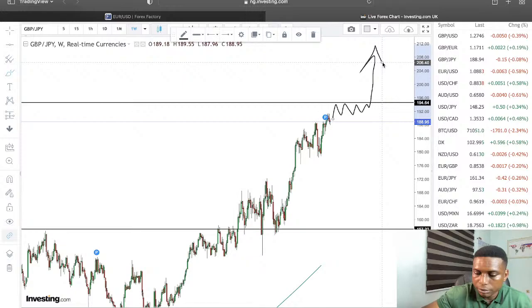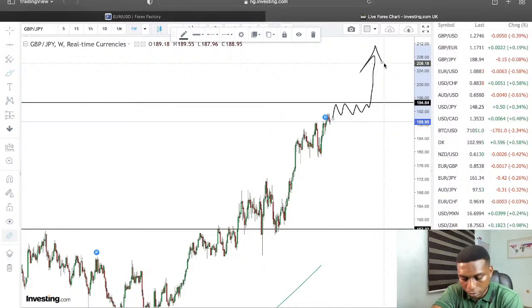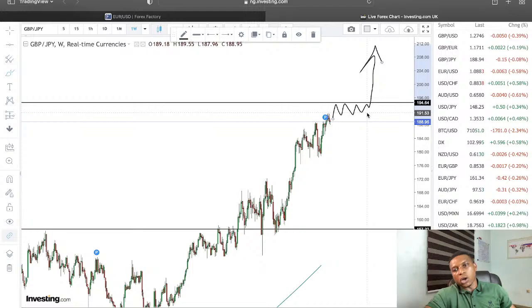Price would consolidate a bit here and then would experience a breakout. Of course, this is on a long term because now we are on the weekly time frame.